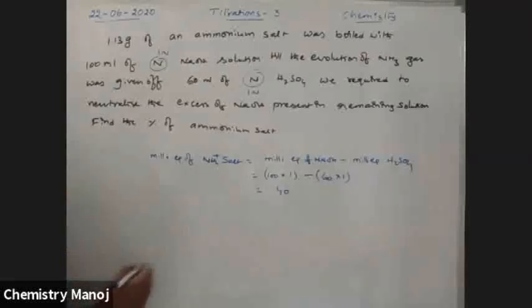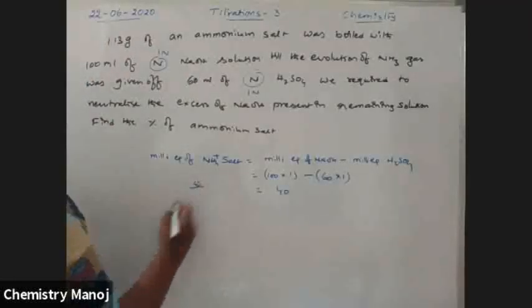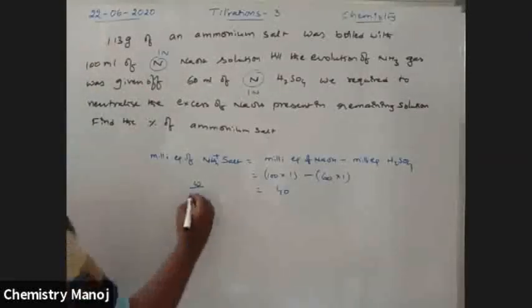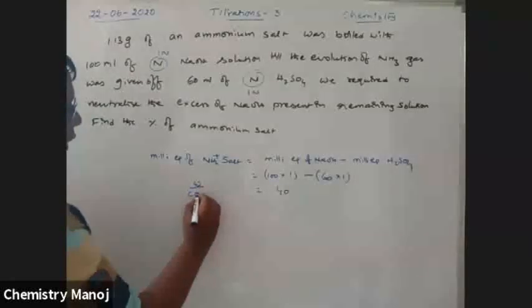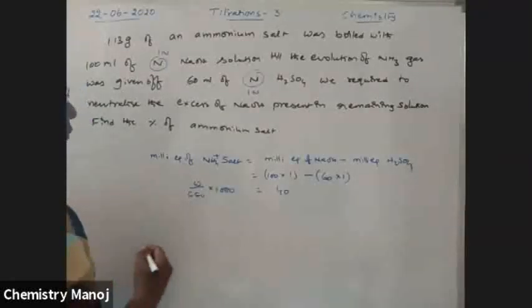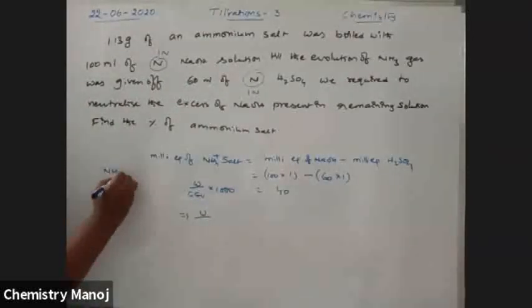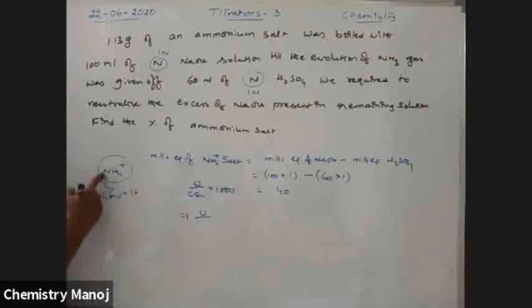Therefore, milliequivalents of the salt, that is weight of salt by gram equivalent weight into 1000, is equal to 40.